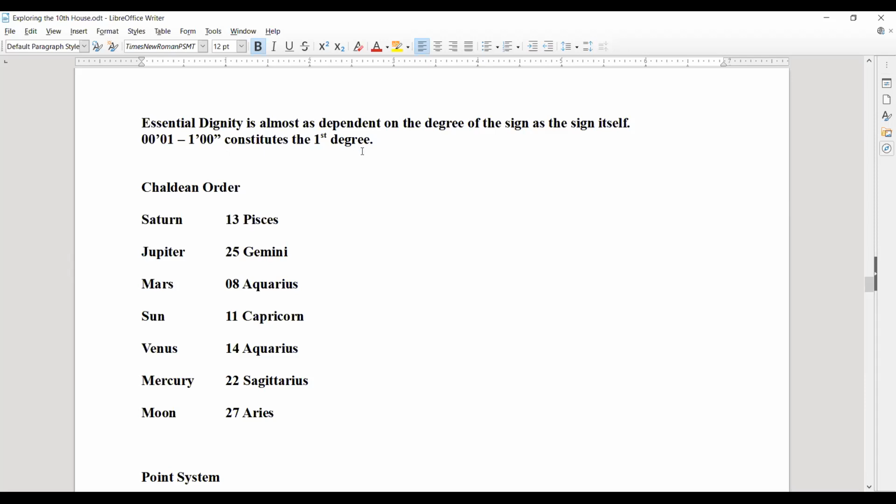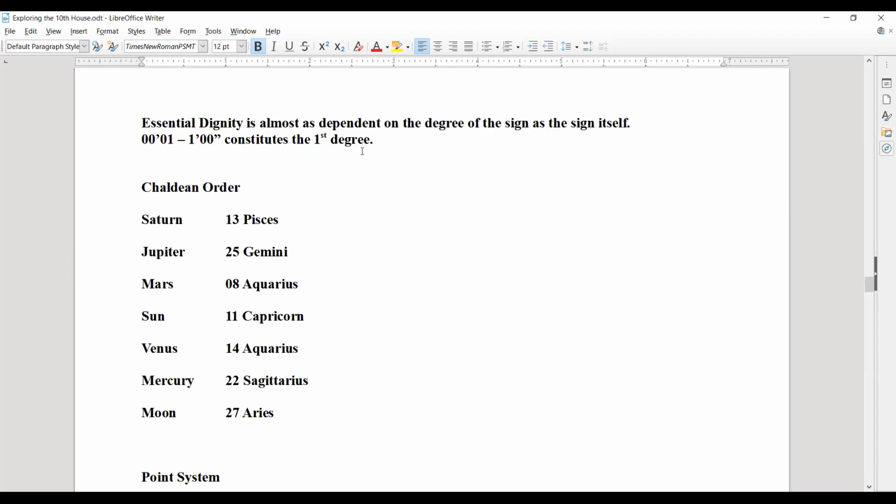Now, that's weird, that's strange. Yeah, it's not really, because think about it. You're in the first degree until 1 degree and 1 minute. And then you're no longer at 1 degree. You're now in 1 degree plus. And that's how that works. 1 degree plus anything will put you in the second degree.